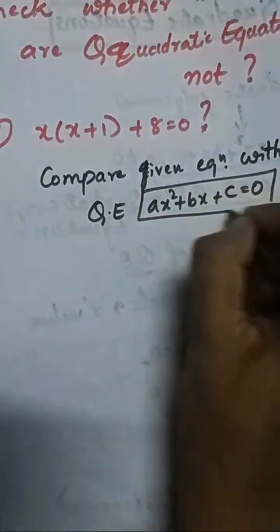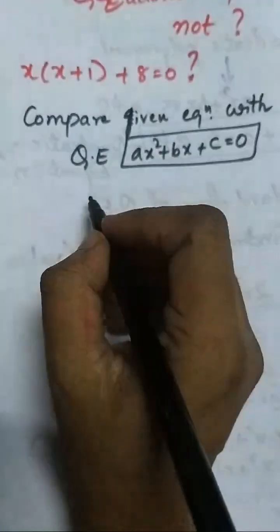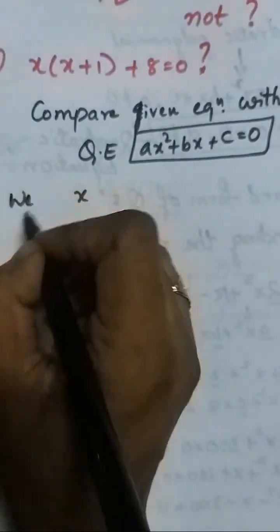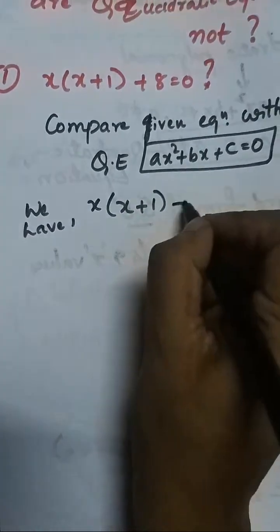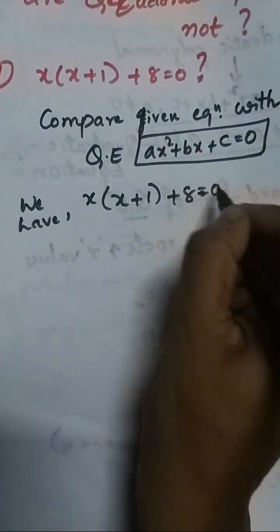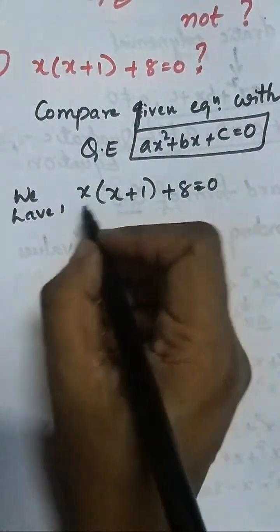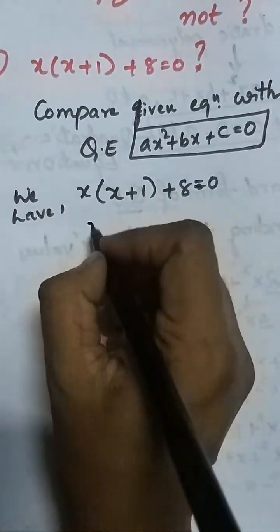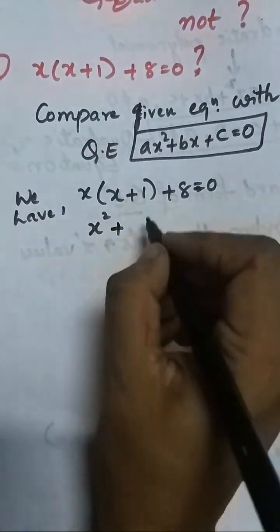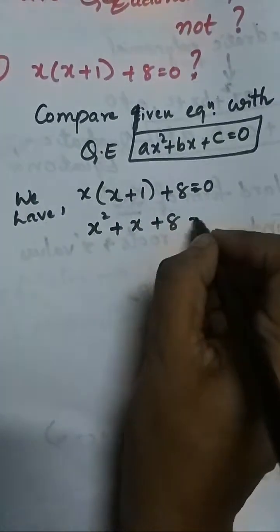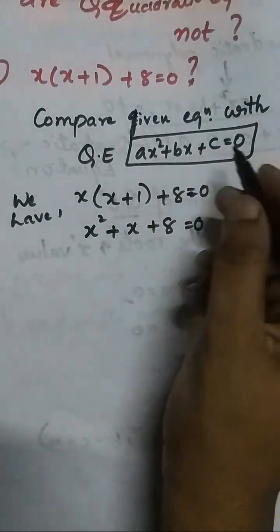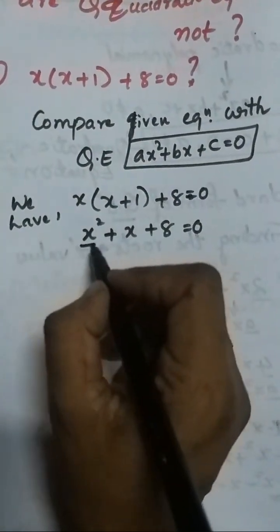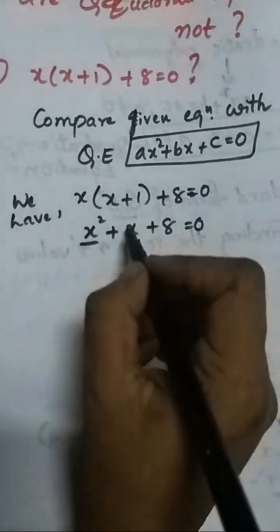We have to compare this given equation. Now this given equation is x into x plus 1 plus 8 equal to 0. So expand this. Take out this bracket, we will get x square plus x plus 8 equal to 0. Now, yes, this is in the quadratic equation form with variable x in decreasing order.